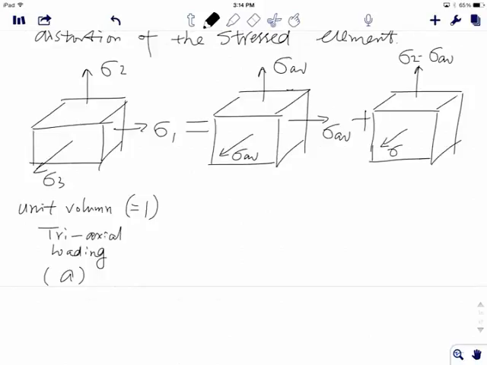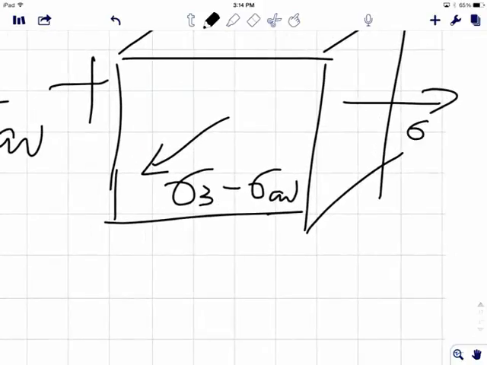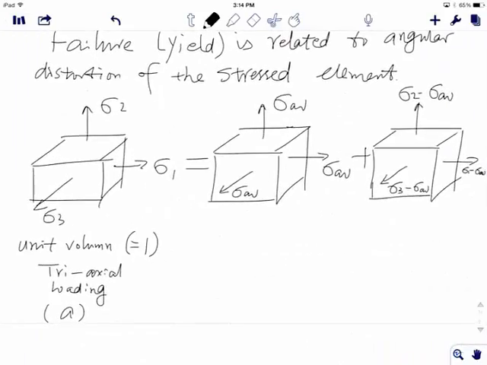Over here I have sigma 3 minus sigma average. Over here I have sigma 1 minus sigma average. And here sigma average equals the average of the total stress applied on the 3 axes, right?